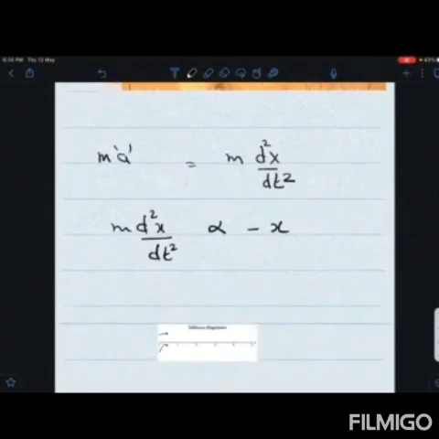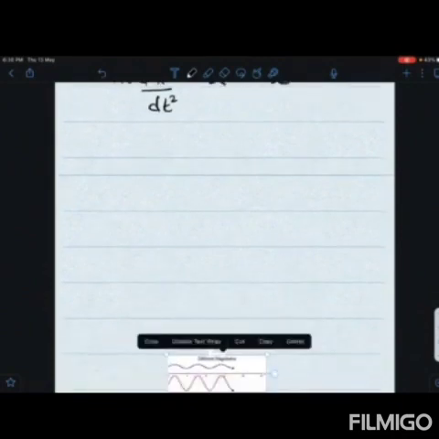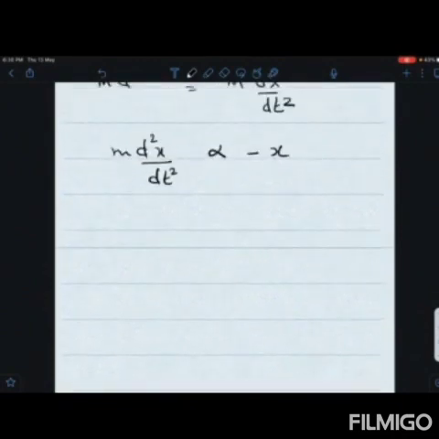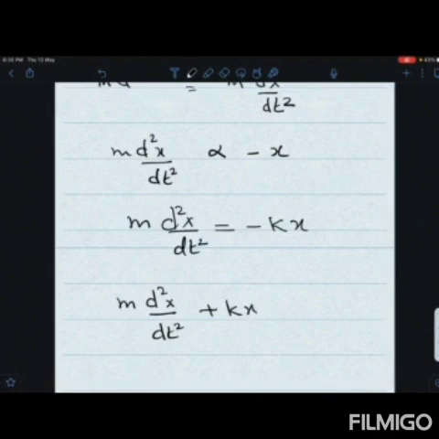Now, as always, this can be written as m into d square x by dt square is equal to minus some proportionality constant, say k, into x. So this can be rewritten as m into d square x by dt square plus kx is equal to 0.